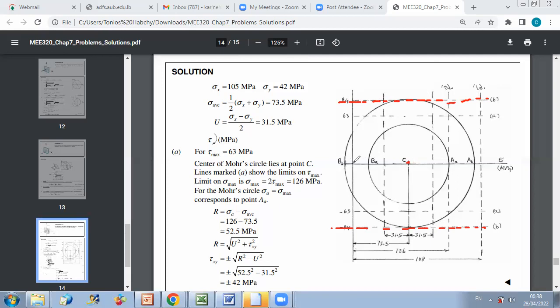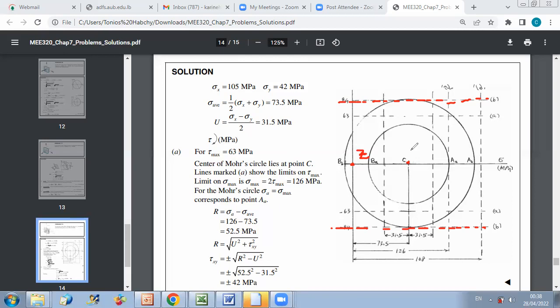whenever I consider Z, so this is point Z, the distance of 84 is larger than 73.5. So of course the radius will be larger than CZ.